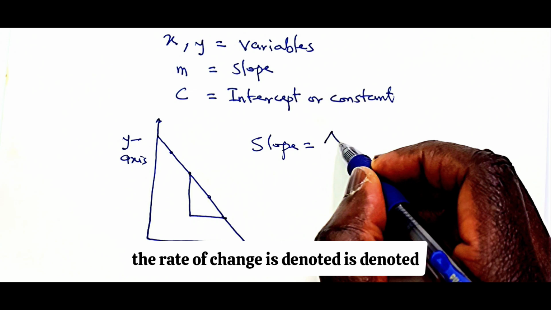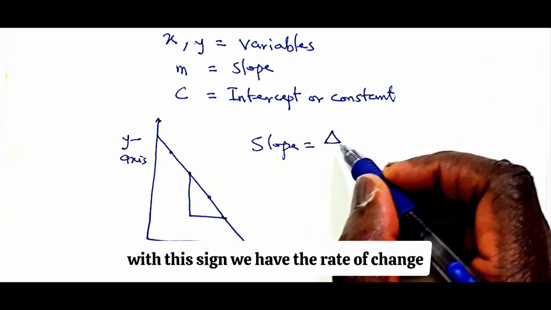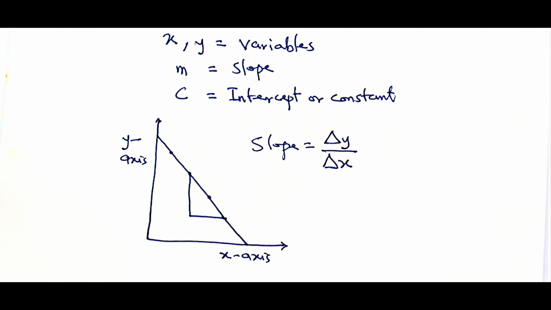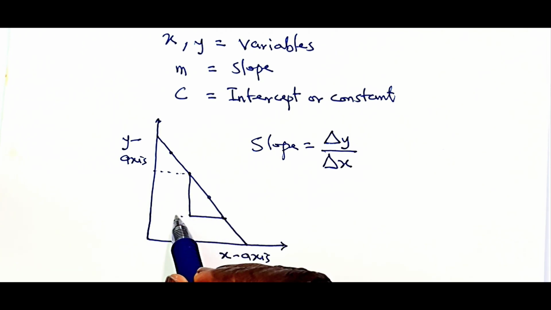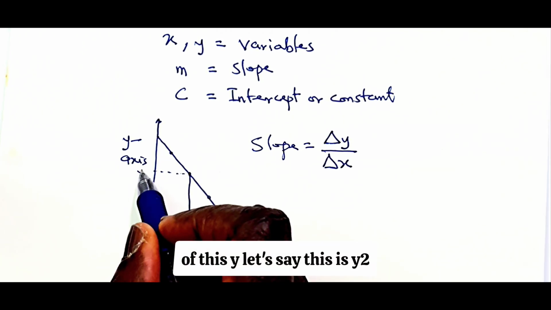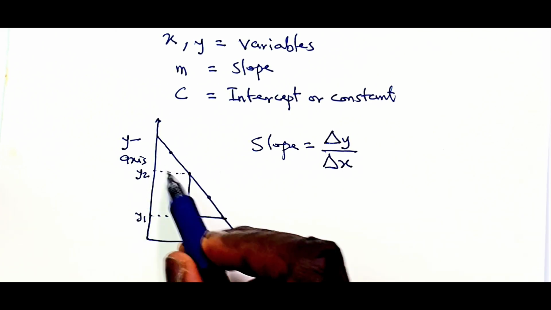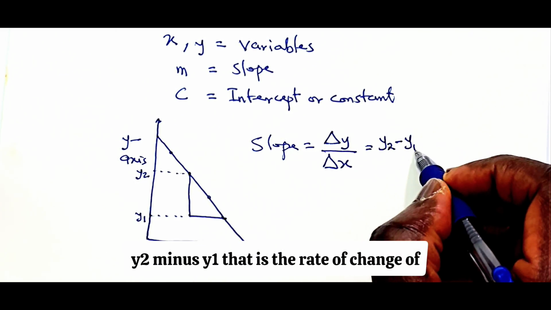The rate of change is denoted with this sign. We have the rate of change of y over the rate of change of x. This is the y-axis. Let's say this is y2 and this is y1. The rate of change of y is y2 minus y1.